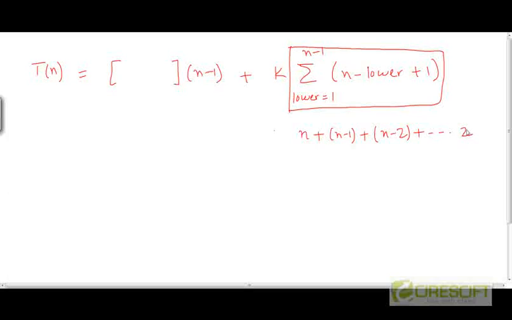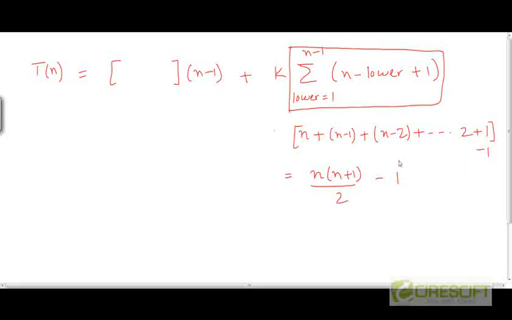Now I can write this series as the summation of the first n terms minus 1, and the summation of the first n terms is n times (n plus 1) by 2.